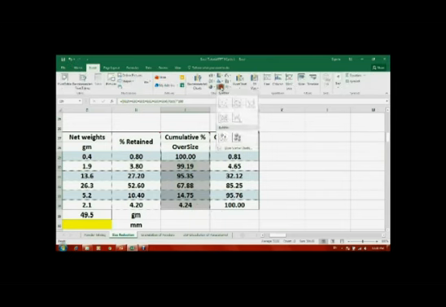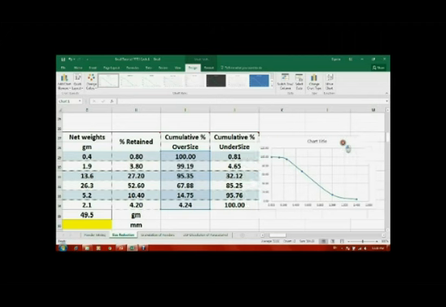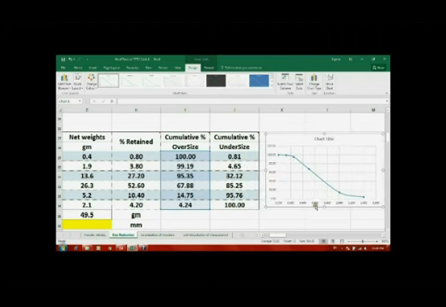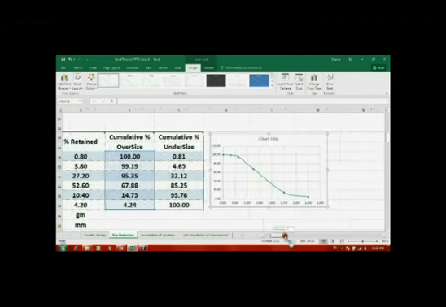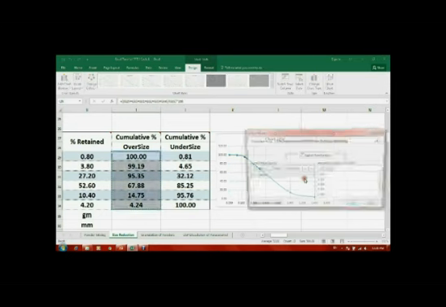Please add the series title, which is cumulative percent over size, and the second series will be cumulative percent under size.